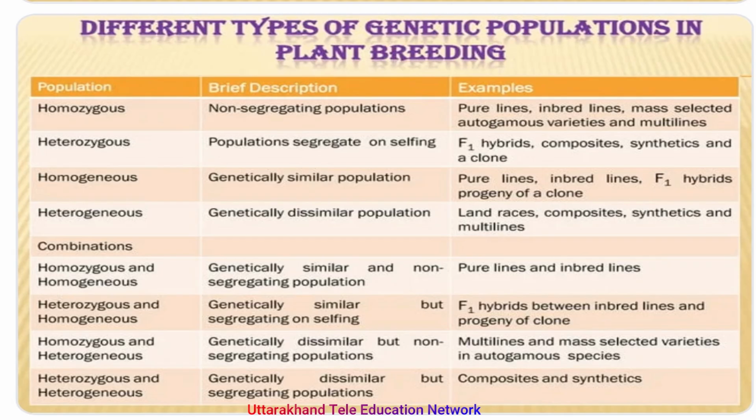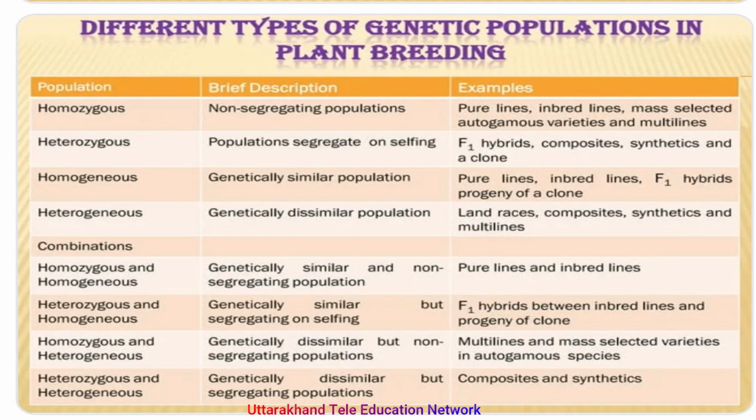Combinations are homozygous and homogeneous: genetically similar and non-segregating populations, pure line and inbred lines. Heterozygous and homogeneous are genetically similar but segregating on selfing, F1 hybrids between inbred lines and progeny of clones.